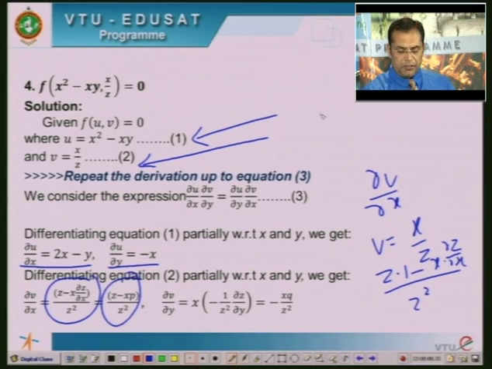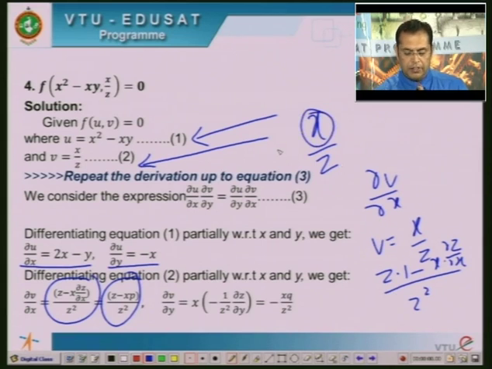Now, when you differentiate with respect to y, you should be careful because with respect to y, x is constant. So, that will stay out. Derivative of 1 by z is minus 1 by z square, followed by the partial derivative of z with respect to y, which is dou z by dou y, and that gives you minus xq by z square.